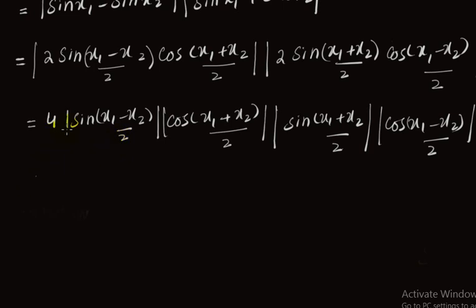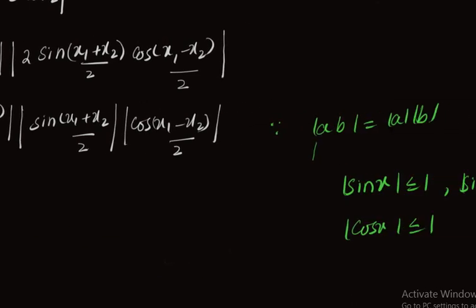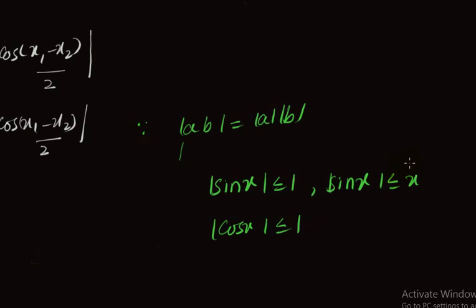So in this case, I use mod of sine x is less than or equal to mod of x. We have 4 times this is less than or equal to mod of sine of x1 minus x2 by 2, where the argument is x1 minus x2 by 2, so it is less than or equal to mod of x1 minus x2 upon 2. The reason is the inequality mod of sine x is less than or equal to mod of x.